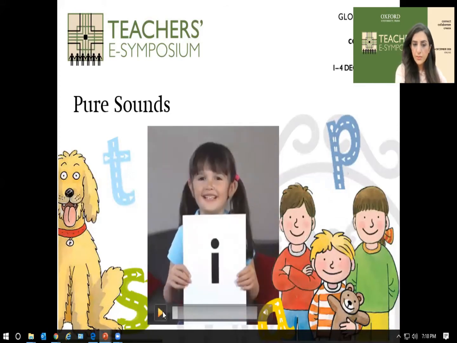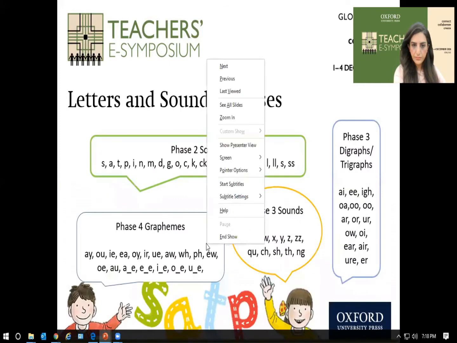These two sounds are aspirated, so you have the T and P sound, and they need to be taught as such. Just go to the previous slide.